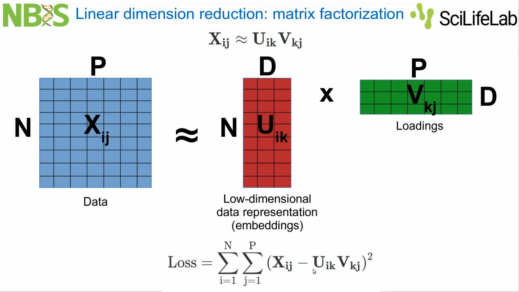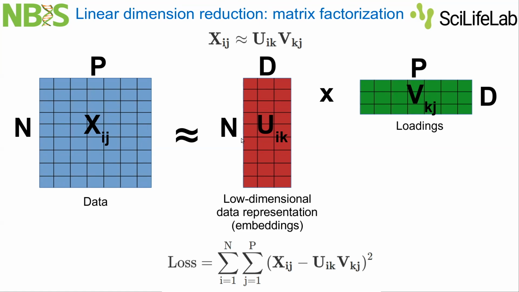On the right-hand side here, that's an approximation. So you approximate your original data X with a product of some so far mysterious matrices, and then you try to minimize the difference between your original data and your approximation through this cost function, which can be just a squared difference between your original data and your approximation.